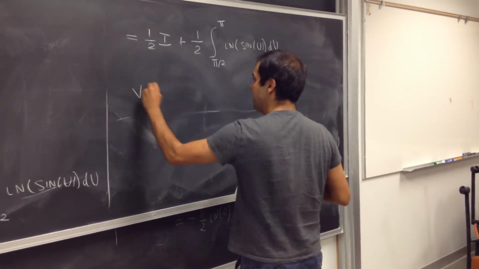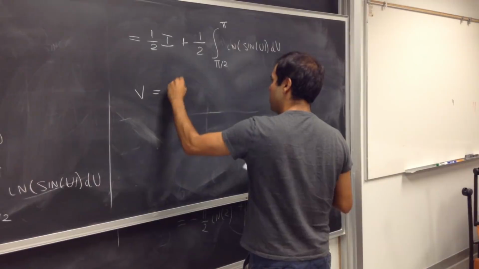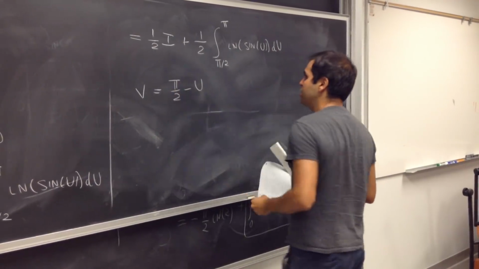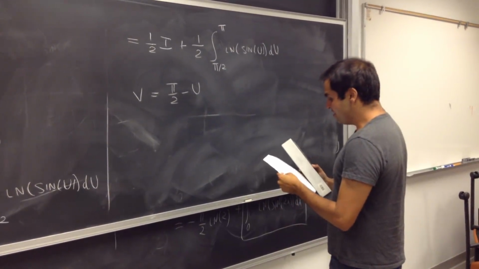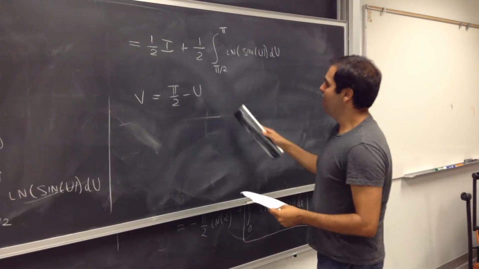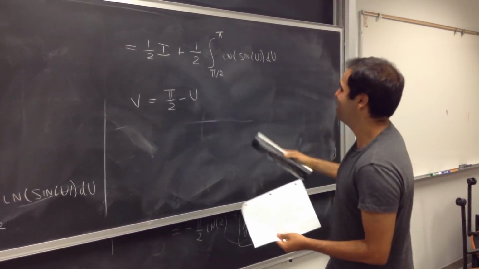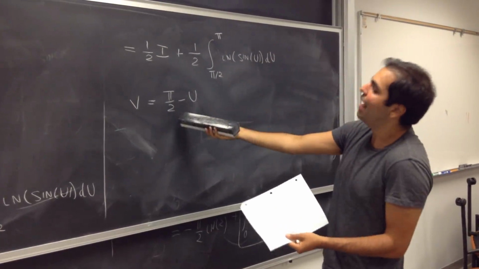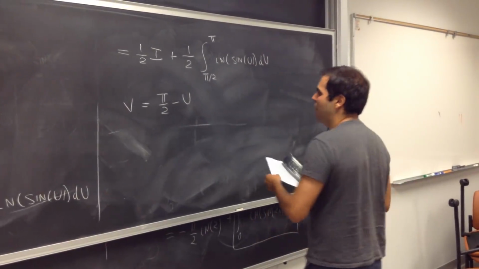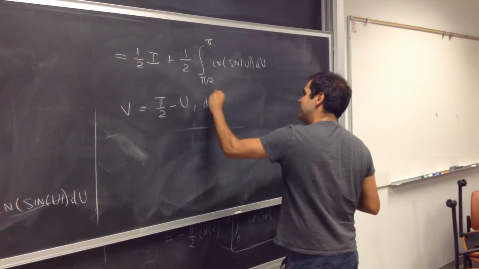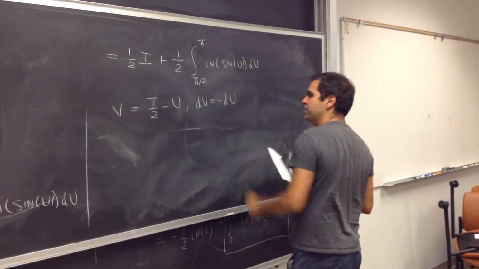So let v be pi over 2 minus u. And the reason this is so nice is because this allows us to change this pi over 2 to 0, which we want. And pi becomes minus pi over 2, but no problem. So dv equals minus du.